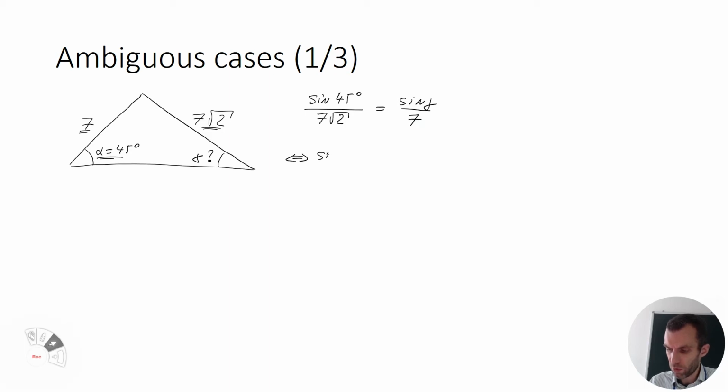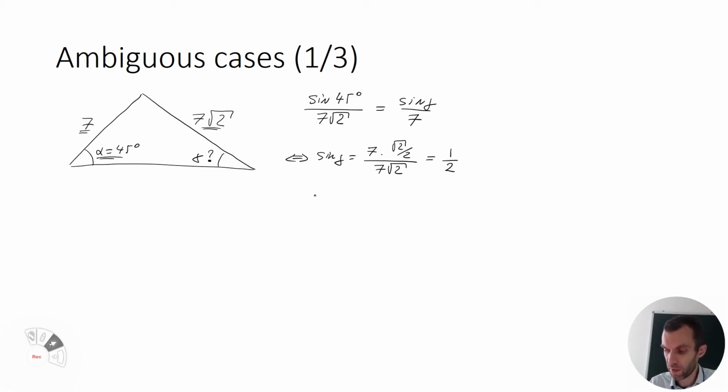We work that out, we get sine gamma is equal to 7 times sine of 45, that's square root of 2 divided by 2, and this whole thing has to be divided by 7 times square root of 2. If you cancel the 7 and the square root of 2, you're left with 1/2. This is great because this is one of the values in our table for sine.